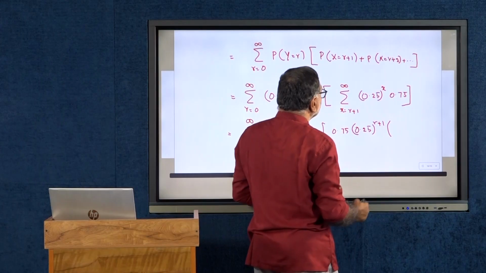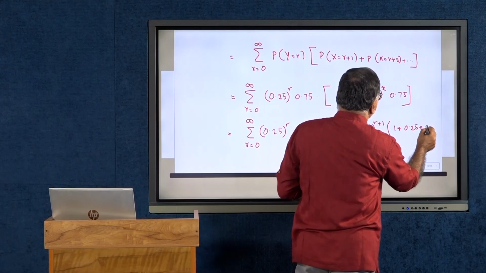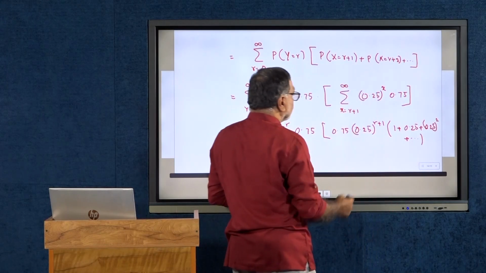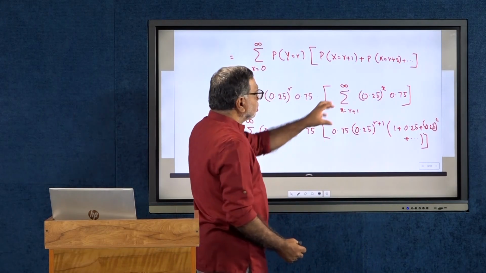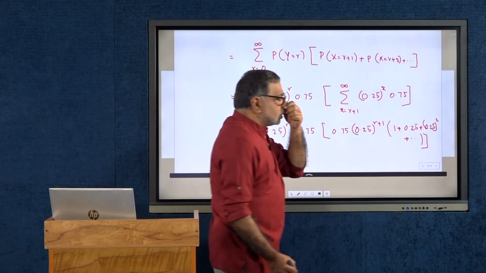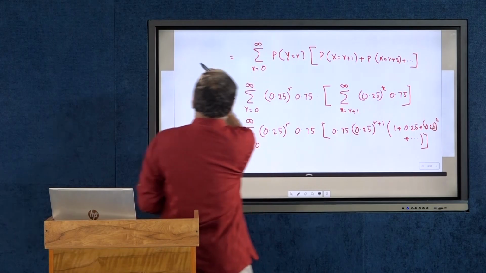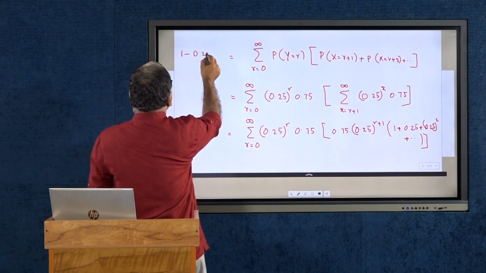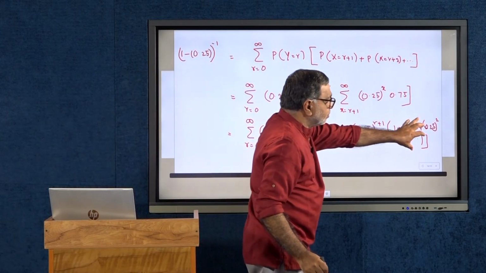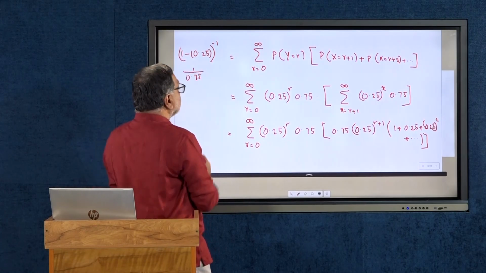The remaining is 1 plus 0.25 plus 0.25 squared plus etc. This bracket quantity is 1 minus 0.25, the whole to the power minus 1.